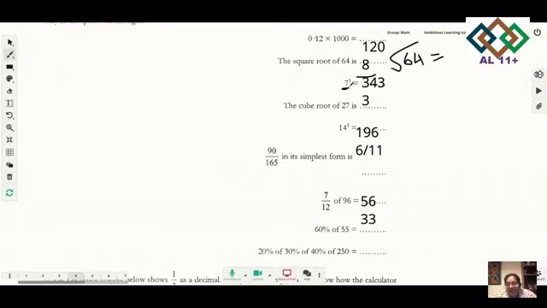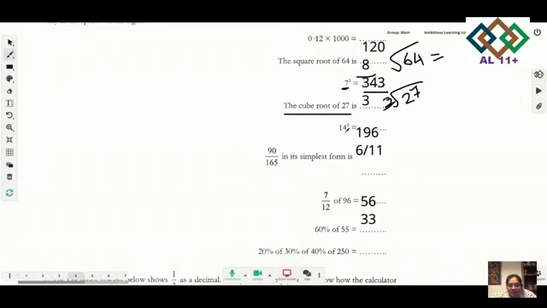It basically means 7 multiplied by 7 multiplied by 7, three times, and then you get your answer 343. And the next one was the cube root of 27. That's another easy one. For cube root you write the sign like this, and then you write 3. So the answer is 3.